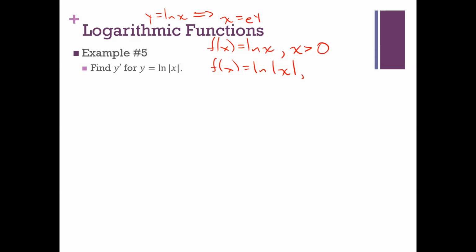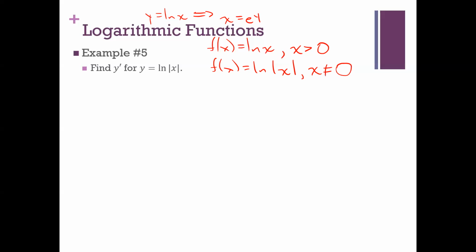If I take the natural log of the absolute value of negative 10, that comes up to the natural log of 10, which is defined. I still don't think the domain is all real numbers, though. Why not? Still not defined for 0. The absolute value of 0 is not positive, so I can't take the natural log of that. So all that to say, this function, y equals the natural log of the absolute value of x, has a domain of all real numbers except for 0.